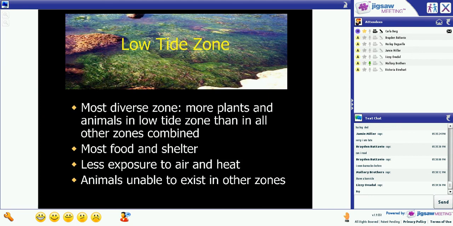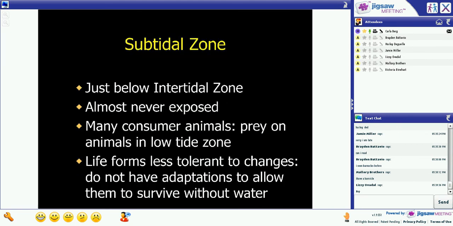Animals unable to exist in other zones. All right, thank you very much. So the animals here have less exposure to the air. They're underwater most of the time, and are only above water when there is a very low tide.